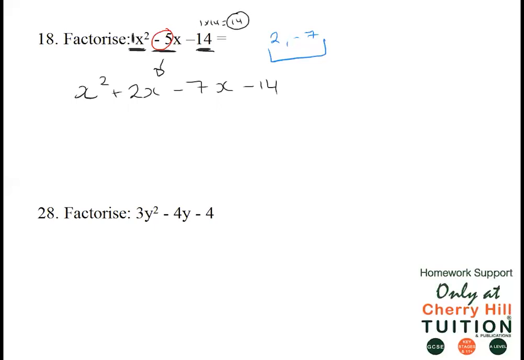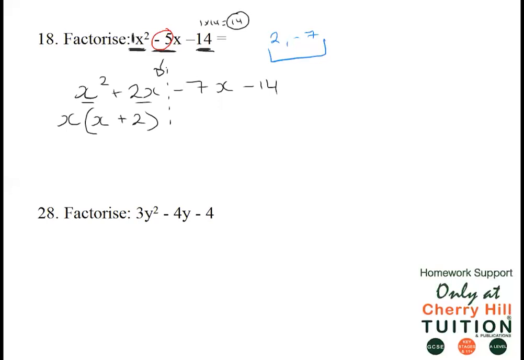The next step is to separate these and factorize them separately. Let's look at the left-hand side from the dotted line. We can take the x out because that is the only thing common in both terms. x multiplied by x gives x squared, and x multiplied by 2 gives 2x.